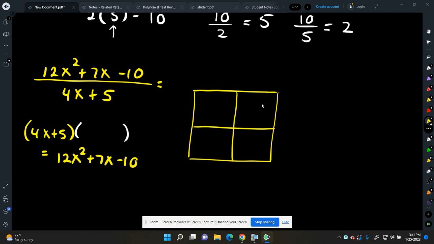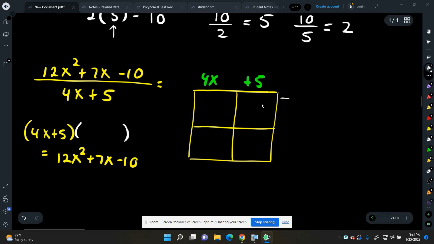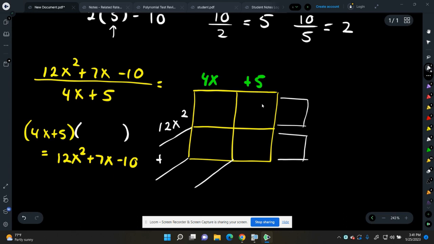So if I take 4x plus 5 and multiply it by something, so I'm just going to put a box here, it's going to equal 12x squared plus 7x minus 10. So this time, I don't know what this thing on the side is. I have to figure that out. Okay, so it's like a little puzzle.